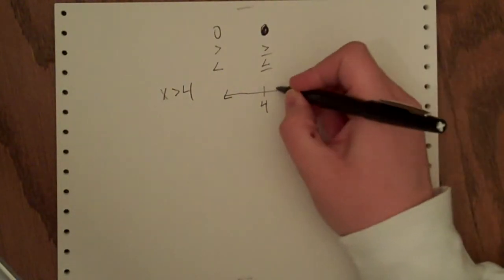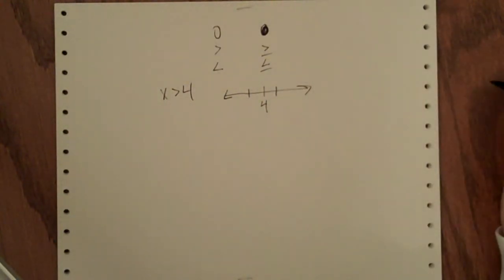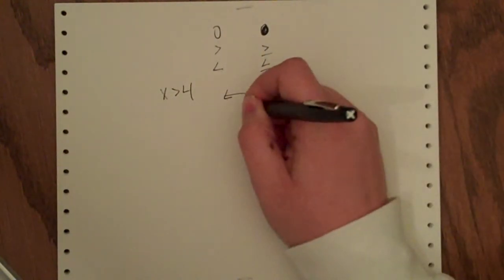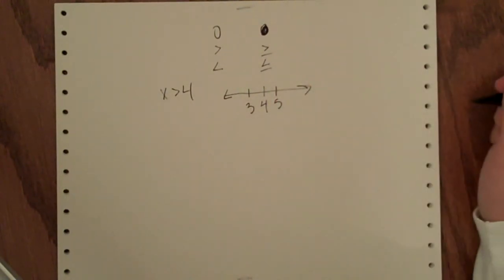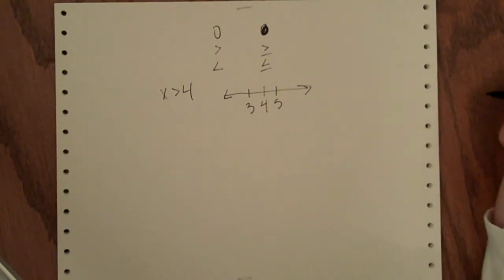Then I want you to put 2 more tick marks, one on the left and one on the right of the center one, and label those with the number just smaller, in this case 3, and the number just larger, in this case 5, than the number that we are graphing. I don't need you to graph any other numbers other than these 3 numbers.